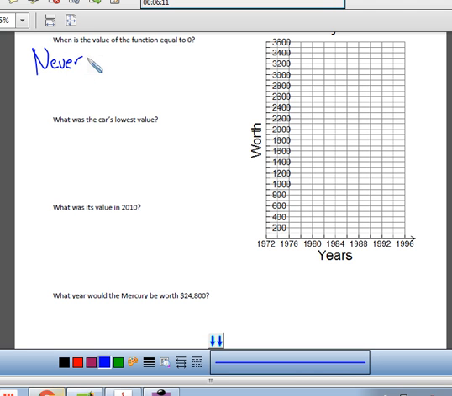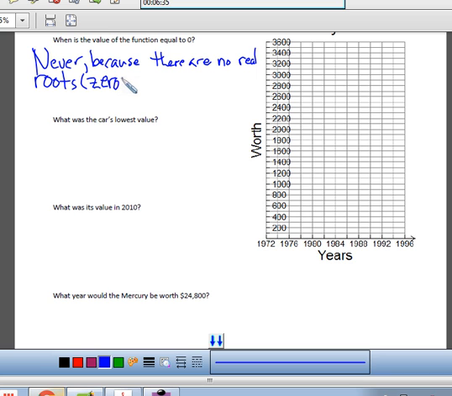And the reason why? Because there are no real roots, or in parentheses, zeros.